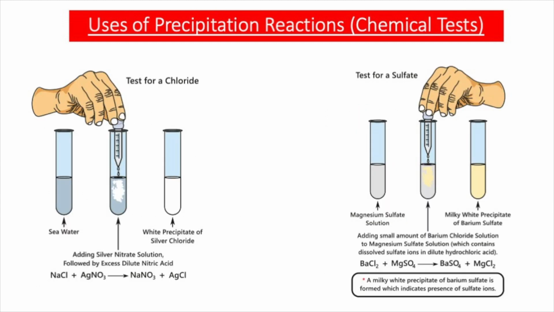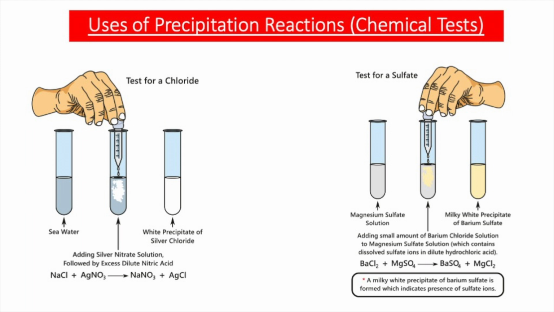Now, precipitation reactions are often used in chemical tests. For example, to test for a chloride, we use silver nitrate. If you add silver nitrate, which is a soluble salt, to any chloride, for example seawater, which is sodium chloride solution, we form a white insoluble solid, silver chloride, which is called a precipitate.